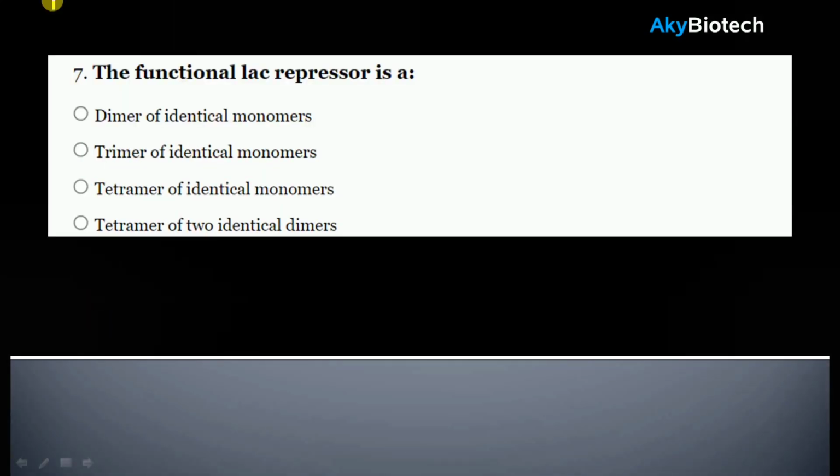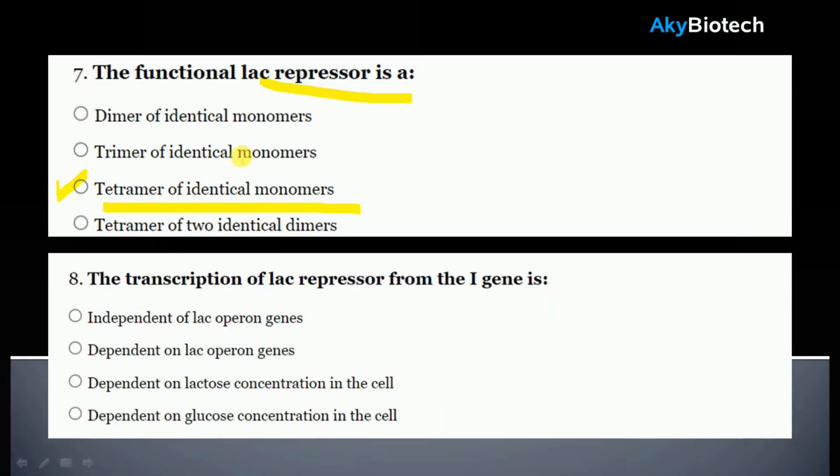Number 7, the functional Lac repressor is a tetramer of identical monomers, option C. Number 8, the transcription of Lac repressor from the I gene is, any guesses? It is independent of Lac Operon genes, the I gene, that is the inducer gene.